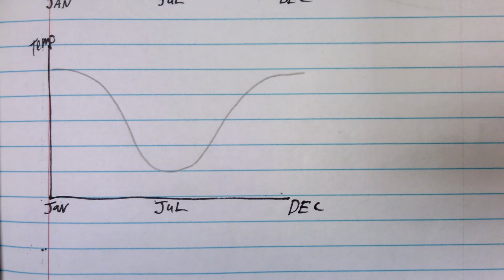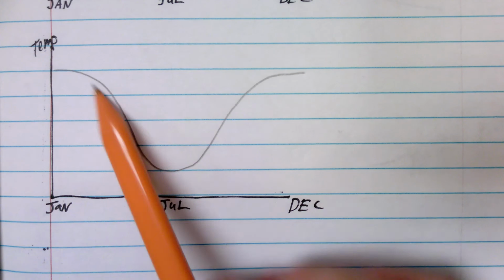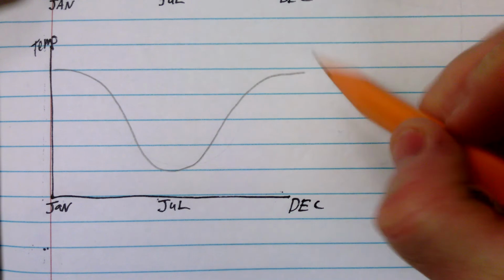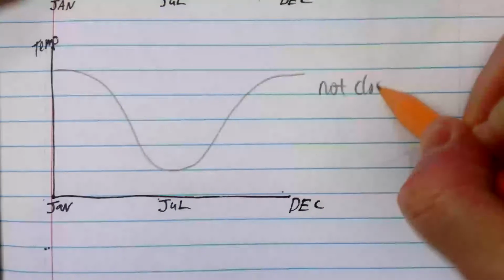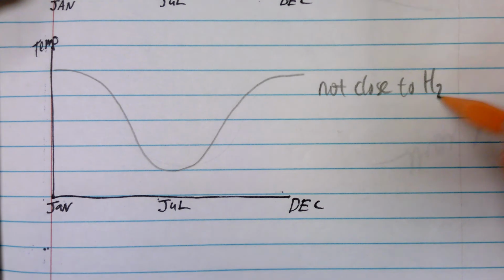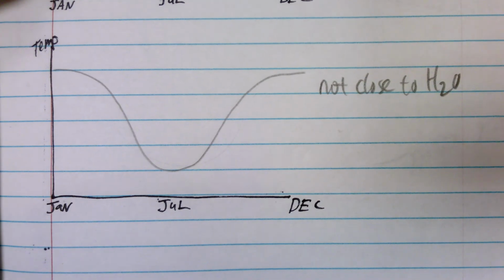So let's take a look at this guy here. First of all, is this a big changing graph? Yes, it's got a big curve to it. So it's definitely not close to the water, because if close to the water, it'd be flat.